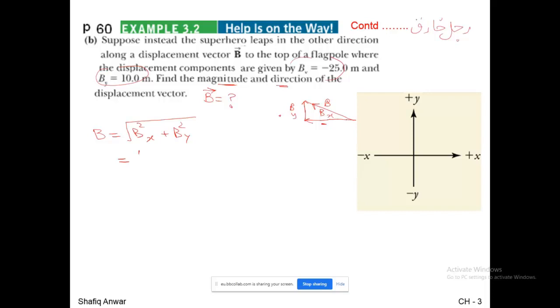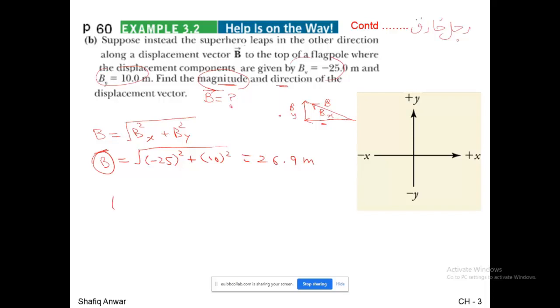Bx how much? Minus 25. You get this one. This is the magnitude.